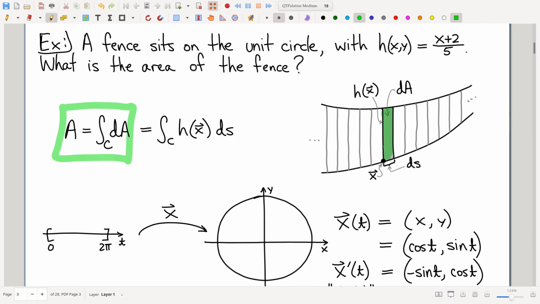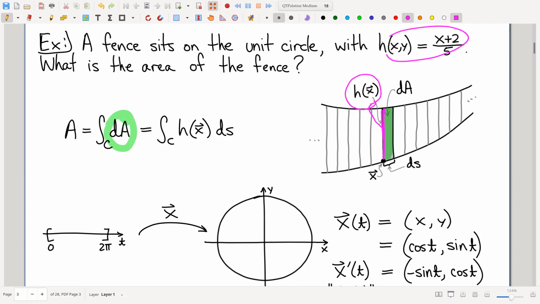And then we can think about how to compute the area of that, let's call it a picket. And I'm going to recognize that that is, of course, height, which we have a formula for, times the length of that, you might call it the width of that picket, which is ds, because that represents a little piece of my curve that is the property line.